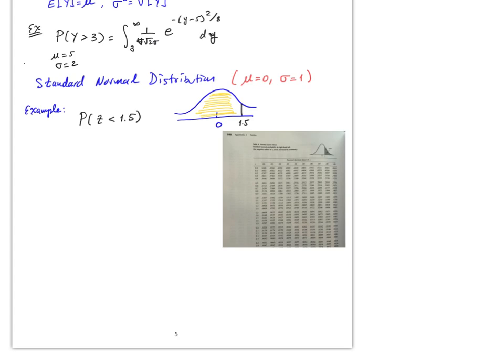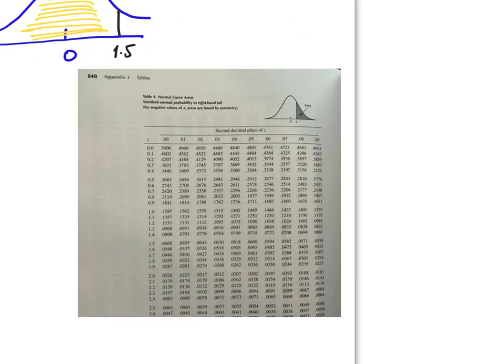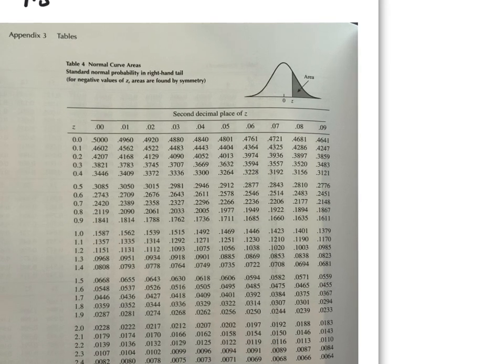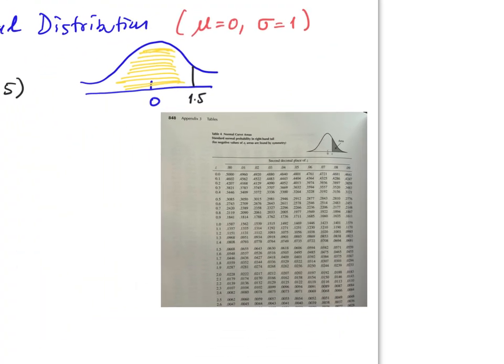The one you have in the book, if you look at the picture, is always going to give you the area to the right of whatever z value you have. So if this is value 1, then you're good. But if you want this, you have to subtract 1 from this one. Or if you want a specific part only, you have to do 0.5 minus that. So this is what I mean.